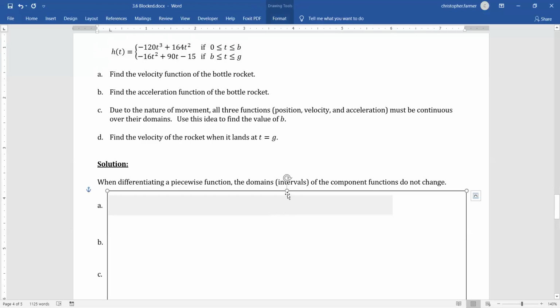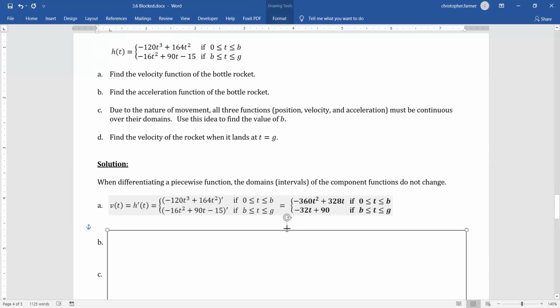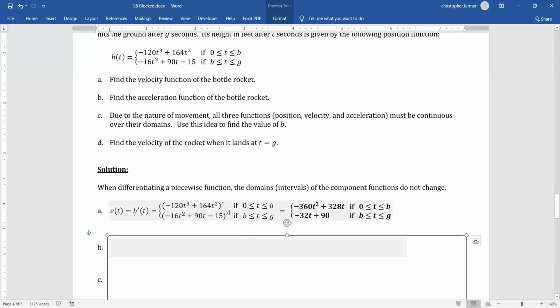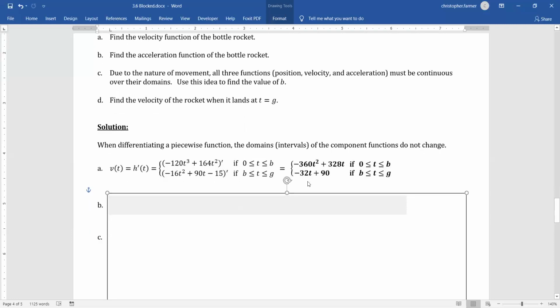And so when we take the derivative then, it's not any sort of big deal. We're taking the derivative of each component. Everybody, I'm pretty sure, is comfortable taking derivatives of polynomials. Just make sure that you don't go too fast. Use a calculator because some of these numbers get to be a little bit large here. But that's it. We're just taking the derivative by multiplying by the exponent, decreasing it by 1, term by term. Okay?